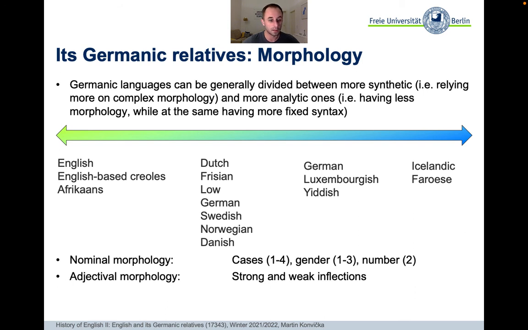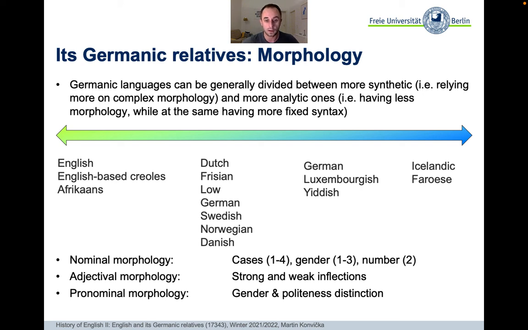There is also adjectival morphology, so how adjectives and adjectival phrases are marked morphologically. We know, for example, from languages such as German, Icelandic, or Faroese that there are strong and weak inflections of adjectives. What's also interesting is to have a look at pronominal morphology.